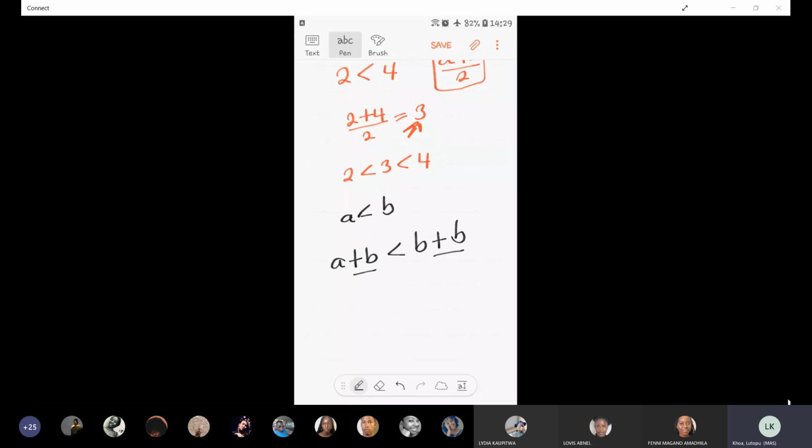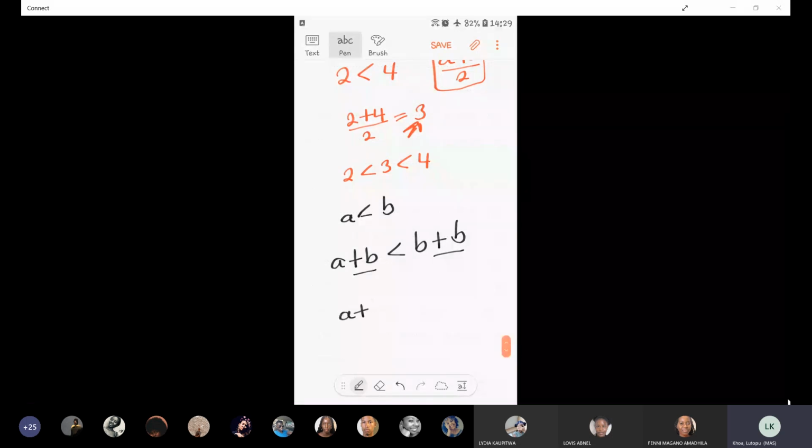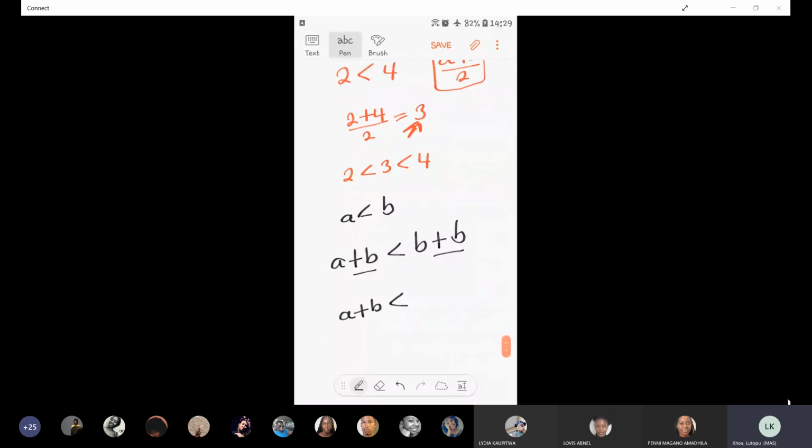Now on the left hand side, I have A plus B. On the right hand side, I have B plus B, which is equal to 2B. Then what I can do is divide by 2 on both sides.